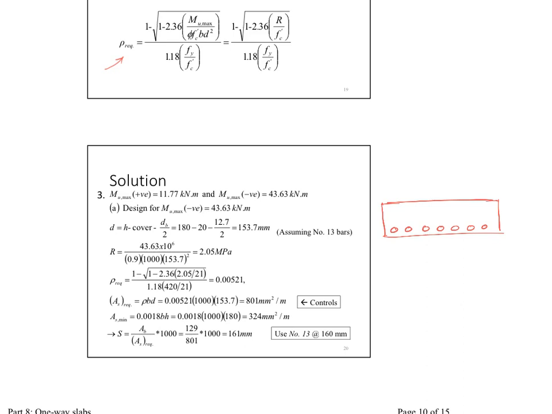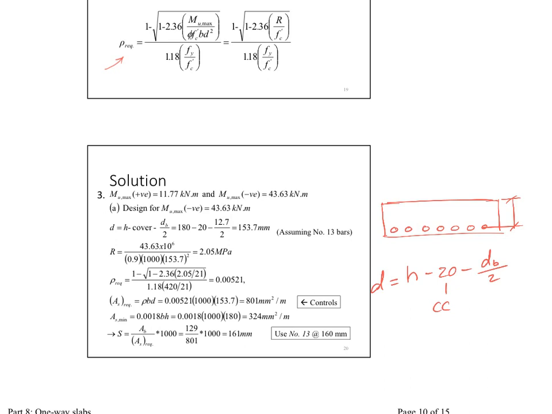I just have the concrete cover. Normally, concrete cover for slabs is 20 millimeters. So in this case, my D will be equal to H minus 20, that's the concrete cover, minus the diameter of the bar over 2. So this would be my D.